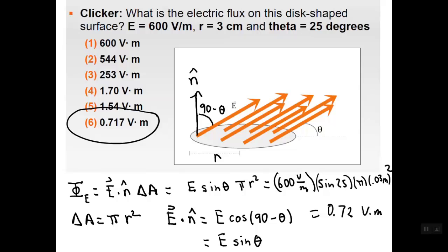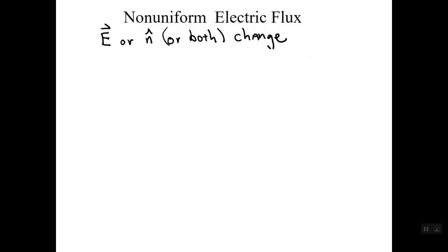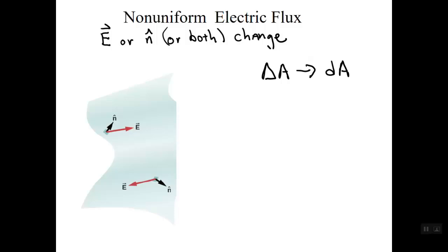Now, the electric field may not be uniform over a surface. This can happen if vector E or n hat or both change over some surface. Then here's what we need to do. We need to pass over to the limit of small areas dA.